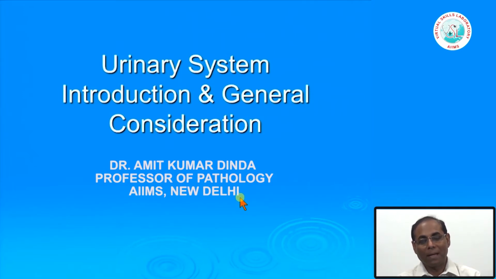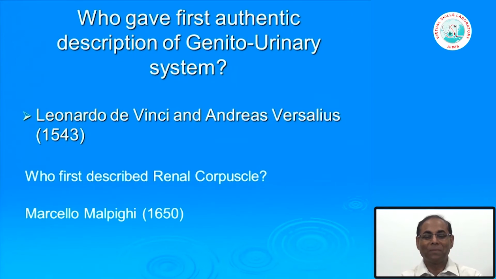But before we do that, to understand some of the historical perspective of renal diseases, I want to give you a few interesting pieces of information. Who gave the first authentic description of the genitourinary system? None other than Leonardo da Vinci and Andreas Vesalius in 1543.